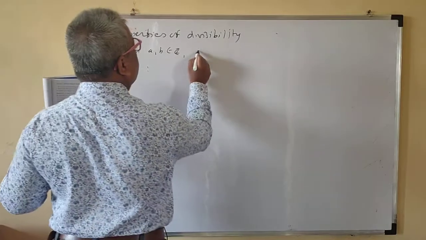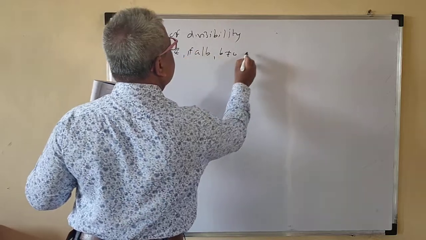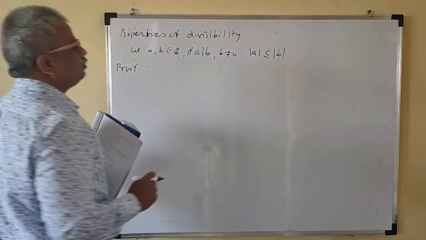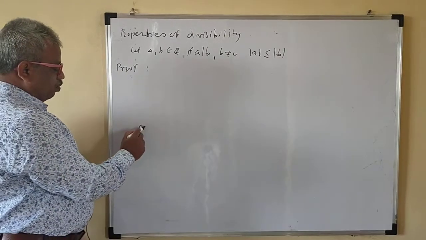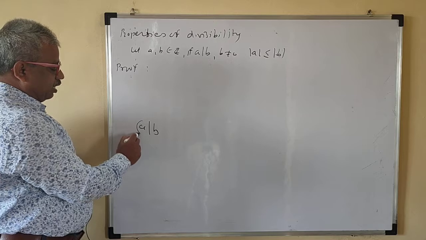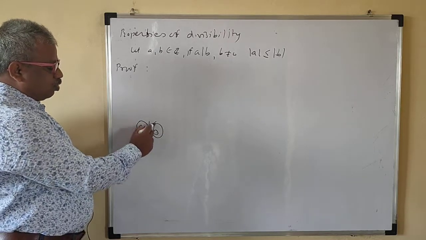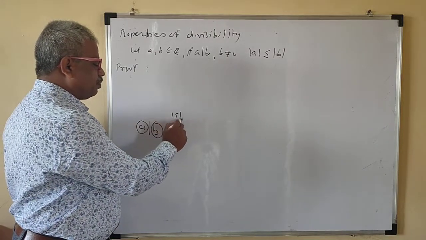A, B belong to Z, and A divides B, B not equal to 0. If A divides B, then mod of A is less than or equal to mod of B. That means if you are saying that A divides B, then this number is less than this number. This is the greater number, right? That means you cannot write 15 divides 5.